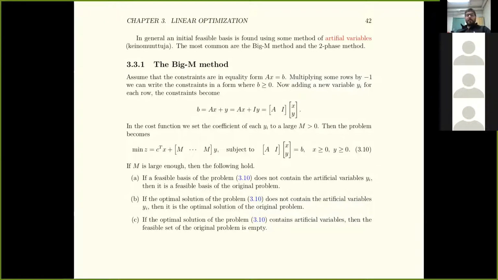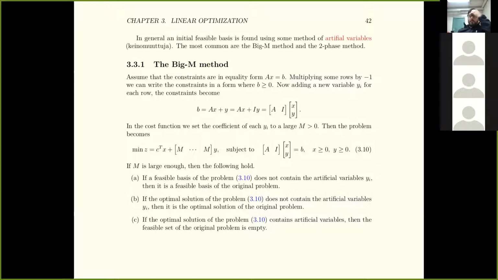And in the big M method, what we do here is we introduce these into the cost function as having very large positive coefficients. We're trying to minimize the original cost function, and we're really interested in the X that minimizes it.